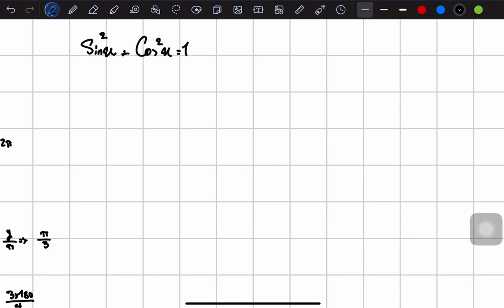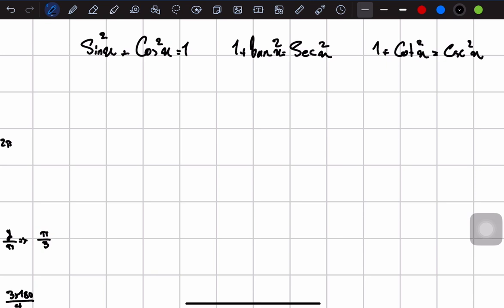Another one is 1 plus tangent with the power of 2 is equal to secant with the power of 2. Oh, let's not forget about the x. And again, 1 plus cotangent with the power of 2 is equal to cosecant with the power of 2.